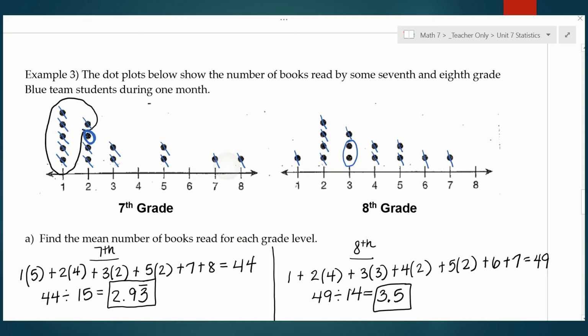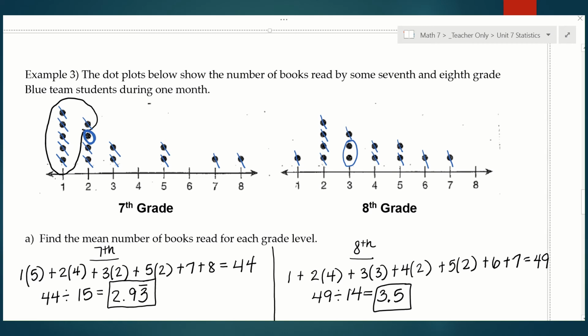Okay, so 1, 2, 3, 4, 5, 6 points there. And that is not going to be equal to this side. Let's see here. 2, 3, 4, 5, 6, 7, 8. Okay, so does everybody see what just happened there? I was assuming that that point at the top was part of my first half of my data, but that is not the case because when I circled that first half, there's only 6 points there. On the other side, there's 8.